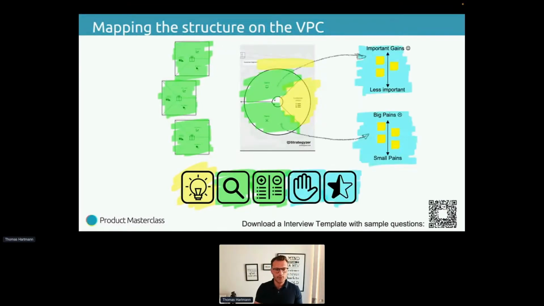And the current usage and the review process gives you a rating of the pains and the gains. What's important, what's not so important. And that is the interview structure, which will help you fill in the value proposition canvas really easily.